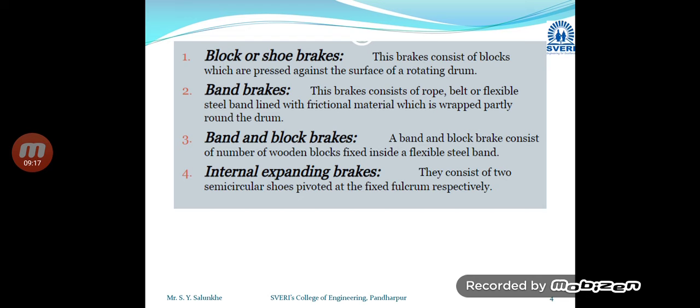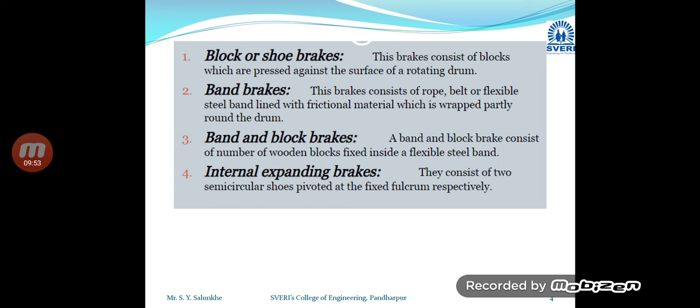In a block or shoe brake, actually a block is used. This is the oldest type of braking system against a rotating body. If you apply force through a relatively stationary block, then it is called block braking. Wooden blocks were used in old days, and nowadays asbestos materials are used, and those blocks were pressed against the rotating drum. That is called block or shoe brake.